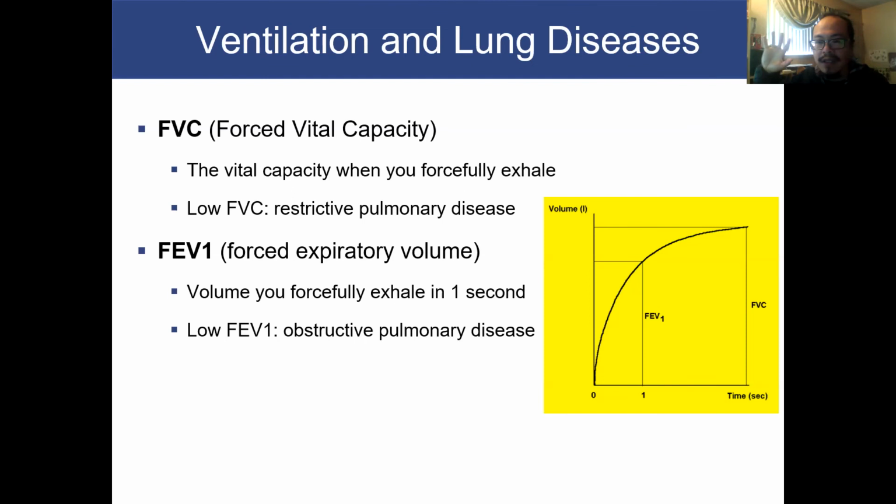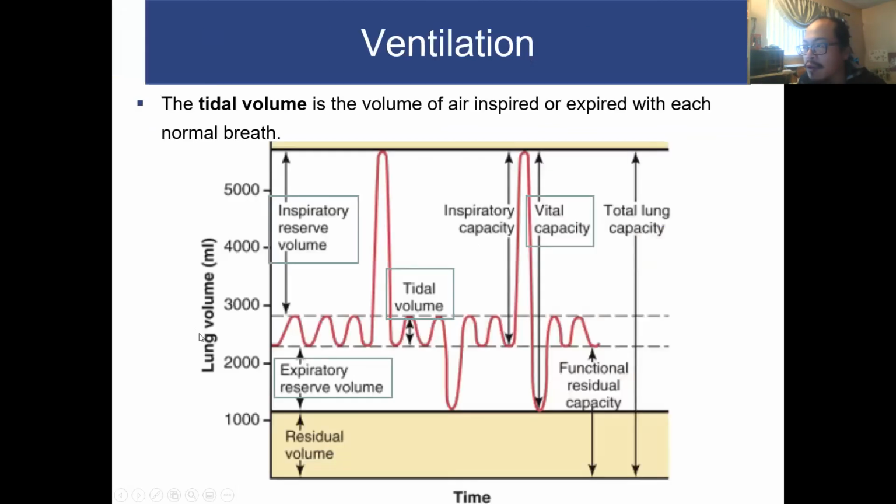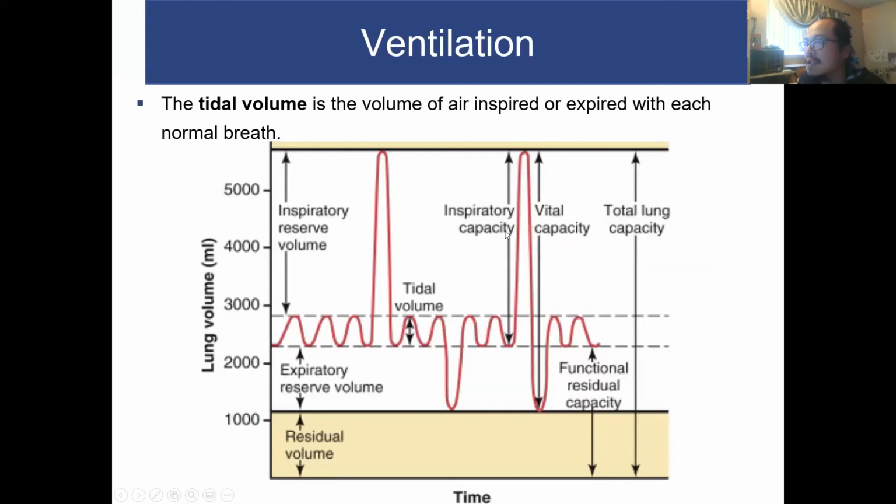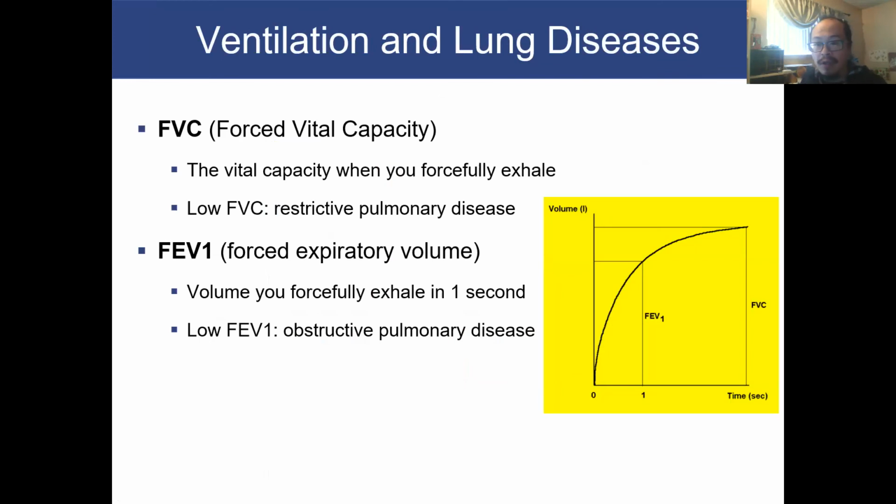We will talk about lung disease in our next portion, but at this point, we know how to measure spirometry, and how to use it to quantify different ventilation parameters, as well as these two important parameters clinically relevant to diagnose lung disease. So that's that. All right.